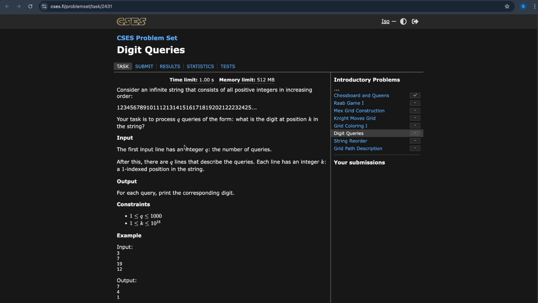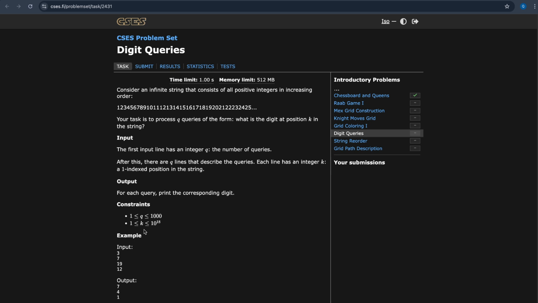However, due to our constraints, q is less than or equal to 1000 and k is less than or equal to 10 to the power of 18, which makes our time complexity q times k.